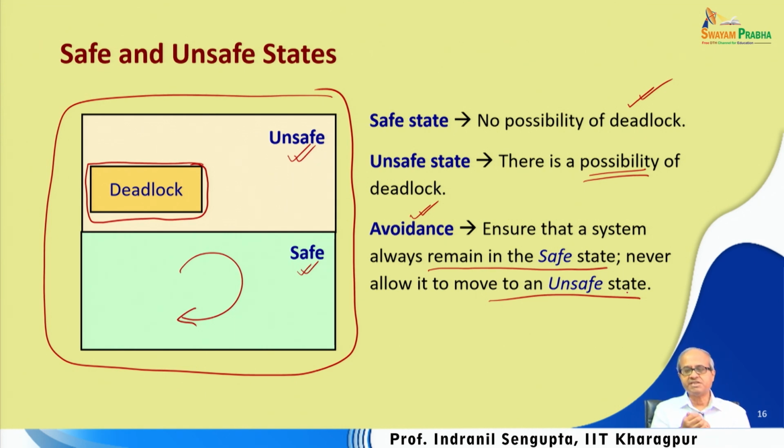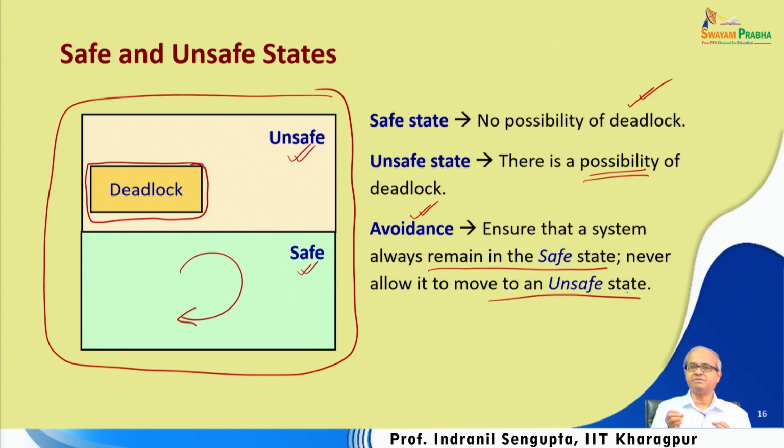When I call a system safe, I mentioned earlier that there is a sequence of process execution possible by virtue of which all the processes can finish their execution. If all the processes can finish their execution, we say that the state is safe. So, every time a process has a new resource request, what does the OS do?